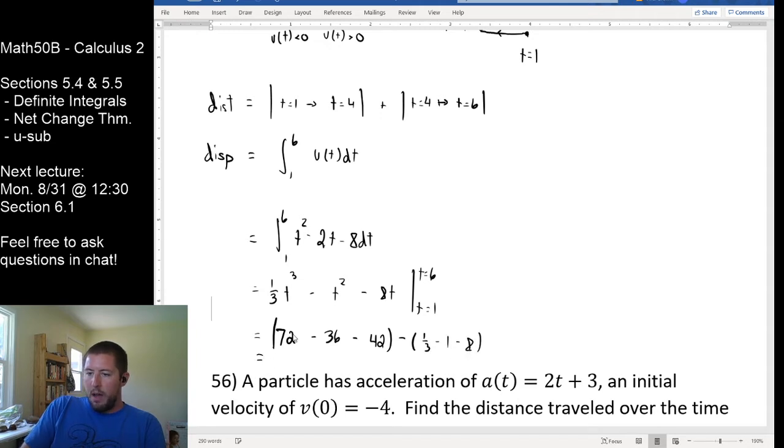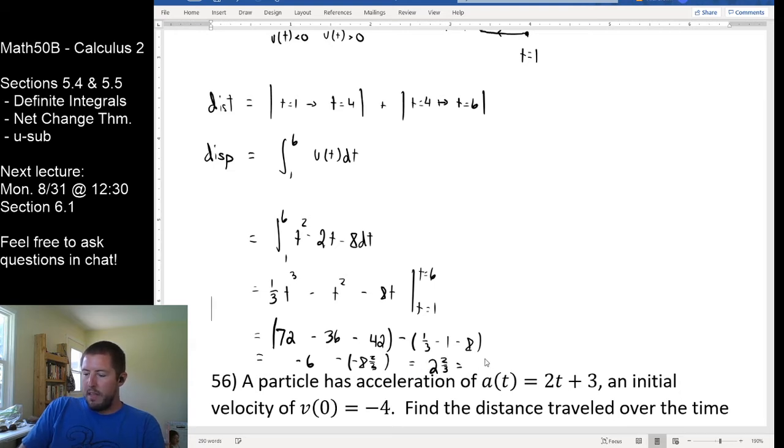And if we go ahead and do this computation, what do we get? 36 and negative... minus 42 is going to give me a negative 6, minus, and over here, negative 9, negative 8 and 2/3. So I'm going to end up getting a positive 2 and 2/3. Minus a negative, and so that's going to equal positive 2 and 2/3.